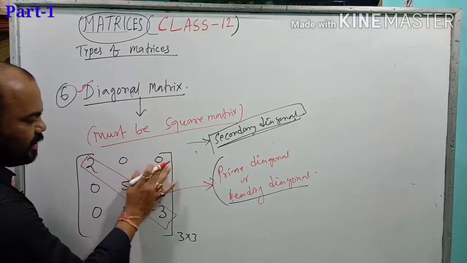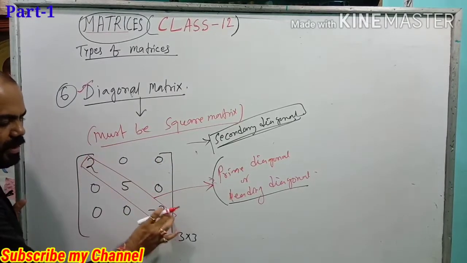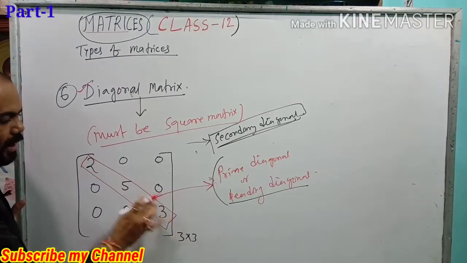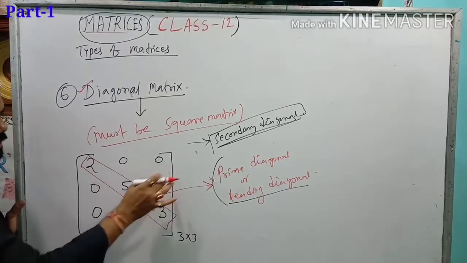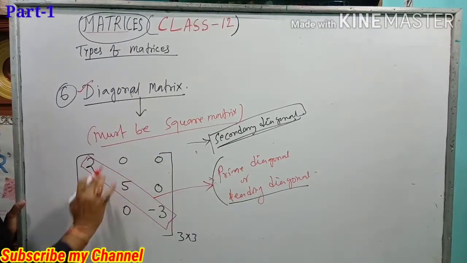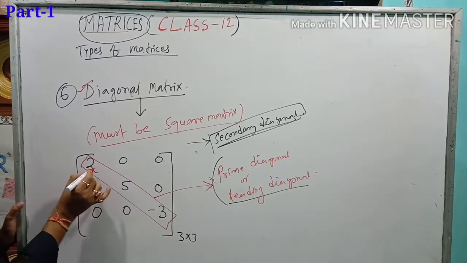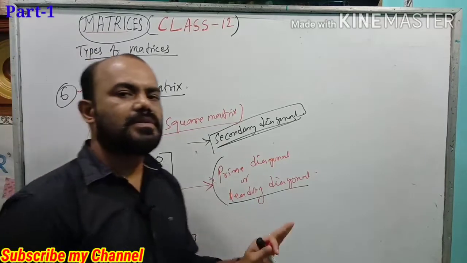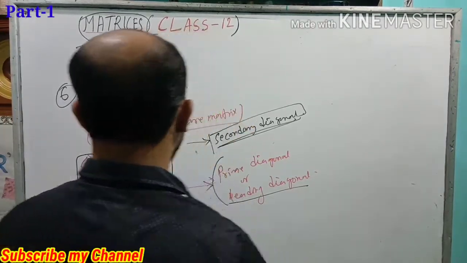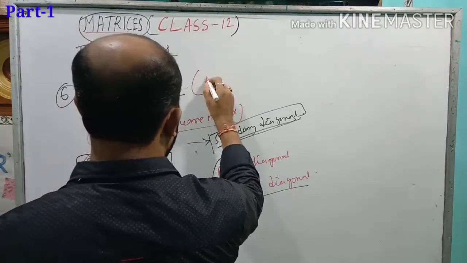The important thing is that here only the diagonal elements are non-zero, but all other elements are 0. See, all non-diagonal elements, here 3 elements, here 3 elements, are all 0, but only the diagonal elements are non-zero. This type of matrix is called a diagonal matrix. So what is the condition for a diagonal matrix?